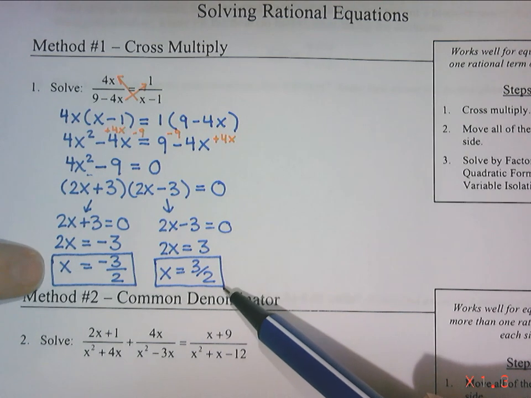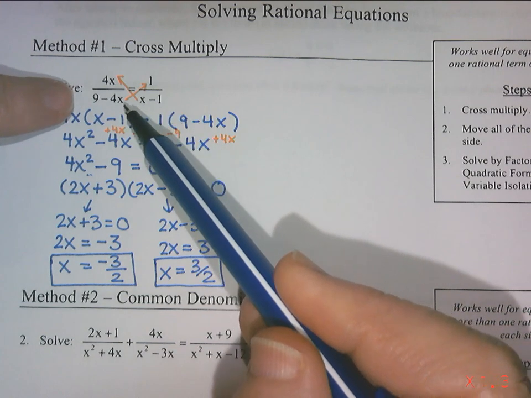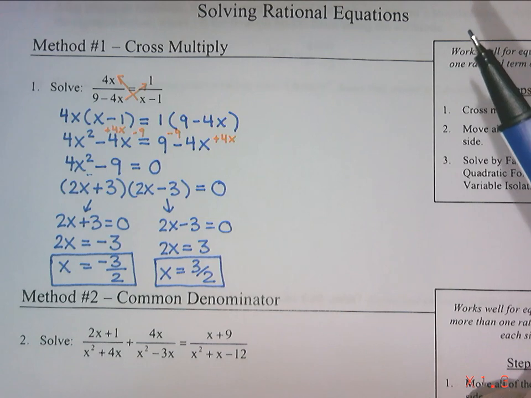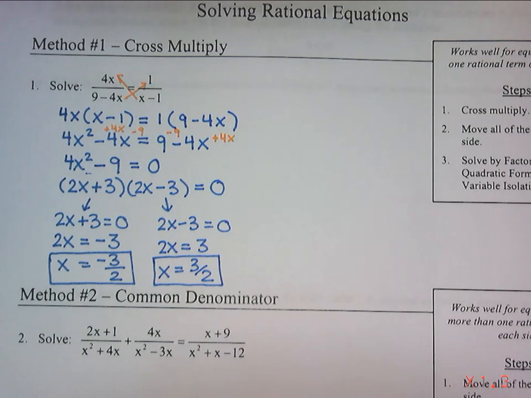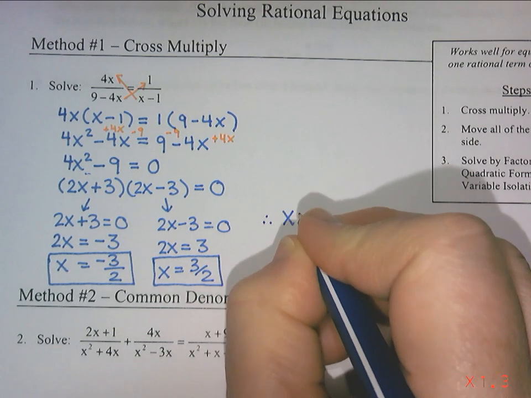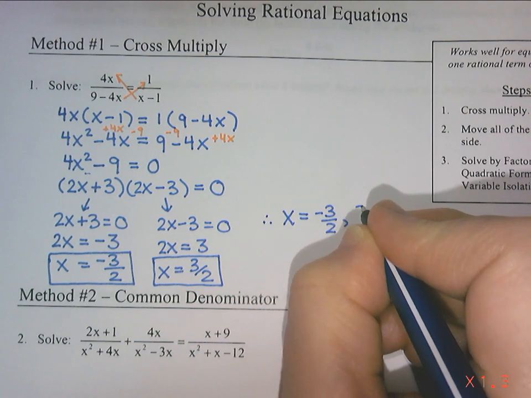Now technically we should check to make sure that these do not create a denominator of 0, since you cannot divide by 0, but I don't think that negative 3 over 2 or 3 over 2 will make either one of those equal 0. So my final answer here is that x equals negative 3 over 2 and positive 3 over 2.